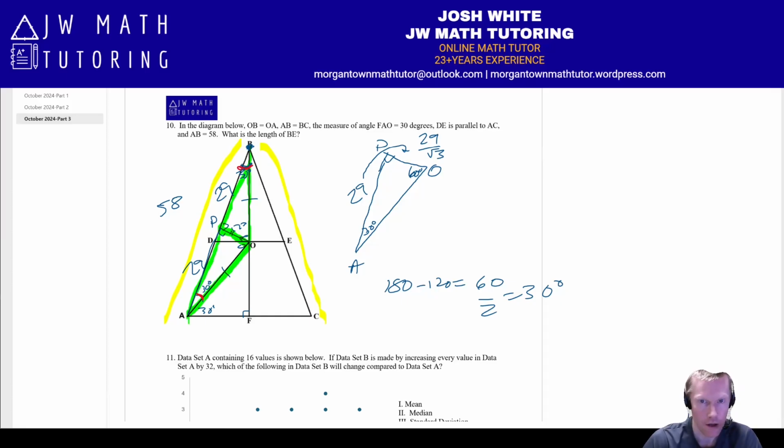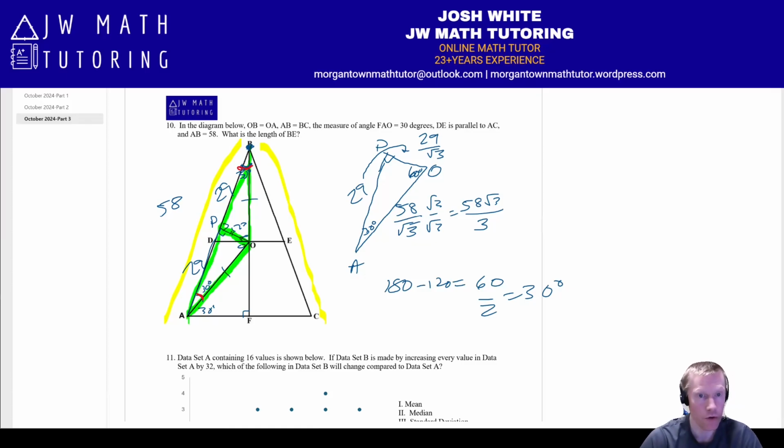And then to get from the short leg to the hypotenuse, I'm going to multiply this by 2. So this is going to be 58 divided by root 3. And now you could also rationalize this by doing times root 3 over root 3. So really it's 58 root 3 over 3. Okay, that's for OA here.